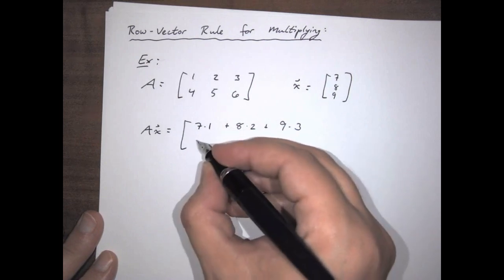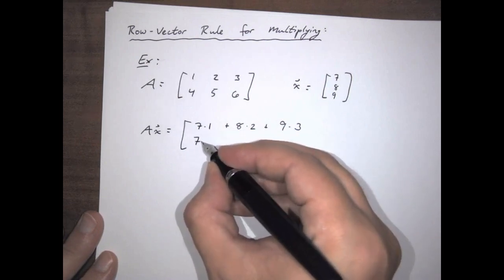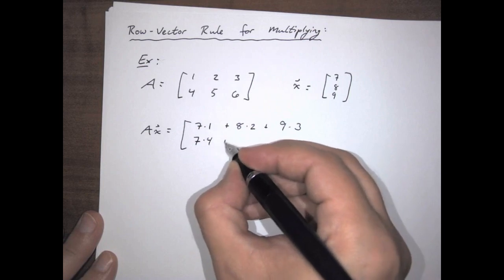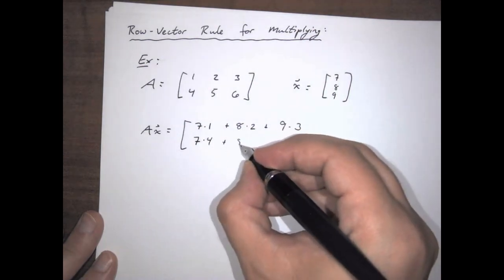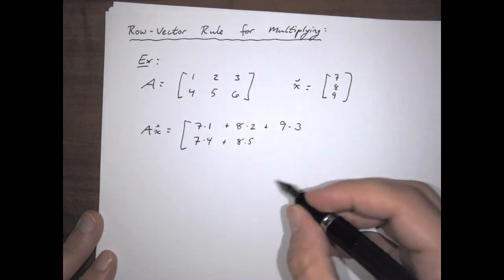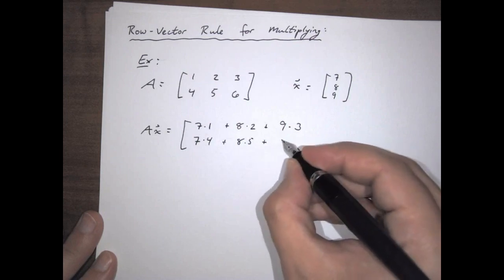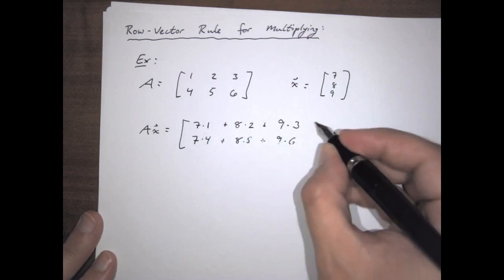And then downstairs it's going to be 7 times 4 plus 8 times 5 plus 9 times 6.